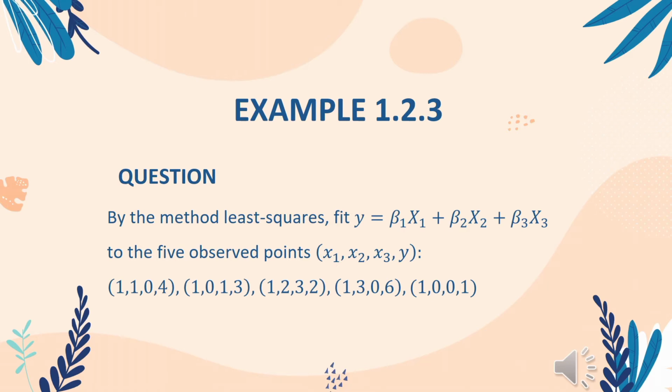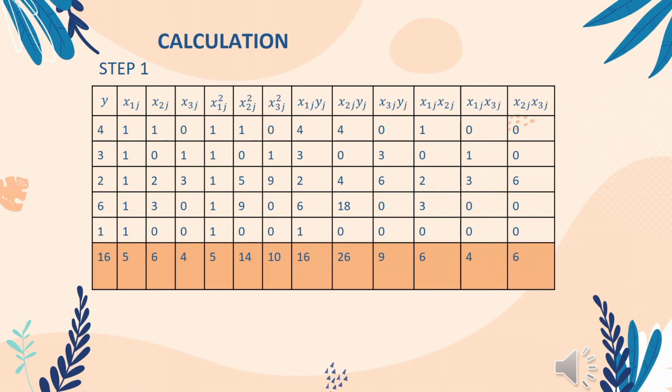So here are the points. The first step of the calculation is to construct the table. We construct the table to make our work easier. On the most left is y followed by x1, x2, x3, x1 square, x2 square, x3 square, x1 times y, x2 times y, x3 times y, x1 times x2, x1 times x3, x2 times x3.